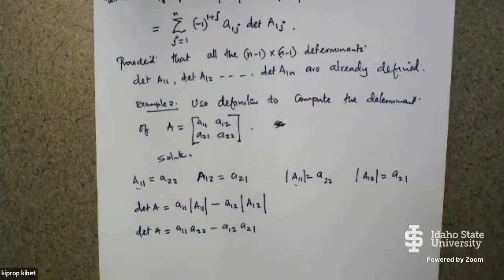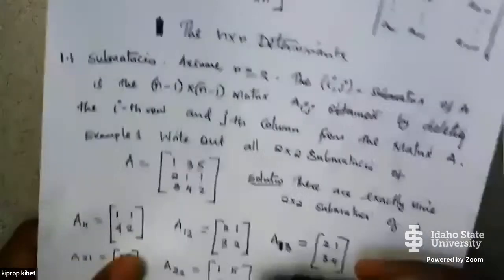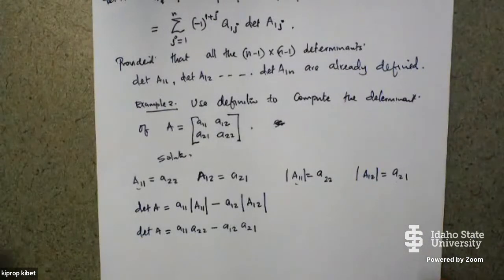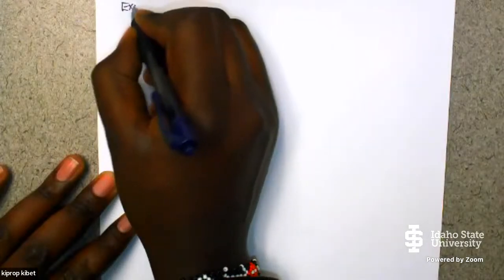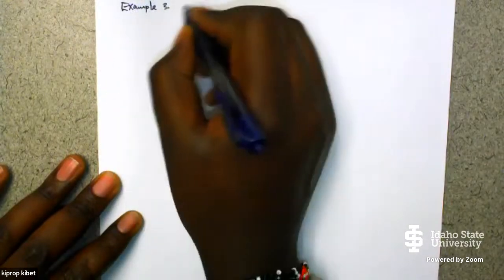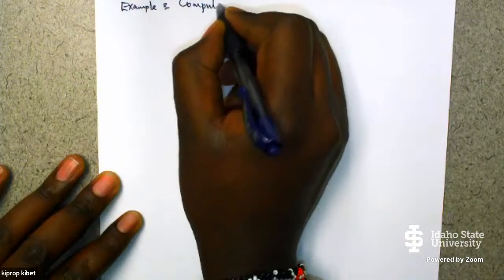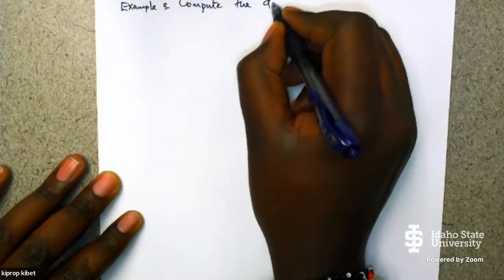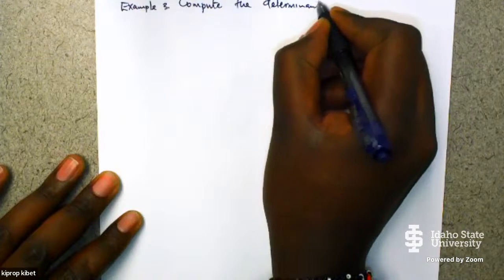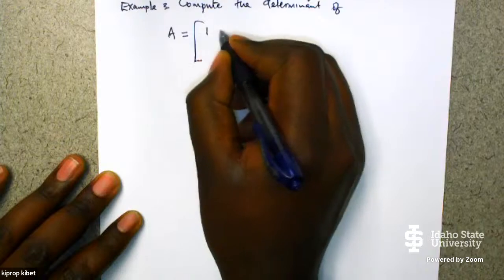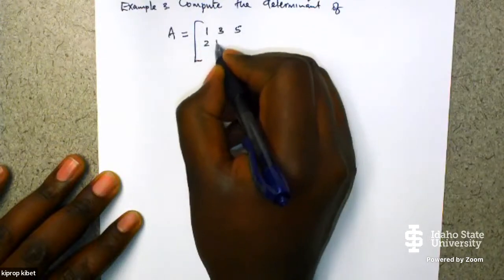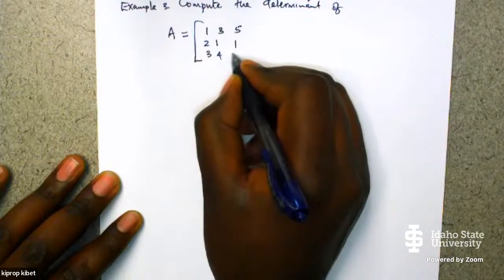Okay, now let's come to example 3. Compute the determinant of A, which is equal to 1, 3, 5, 2, 1, 1, and then 3, 4, 2.